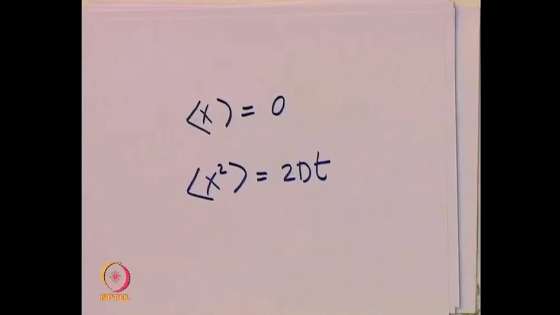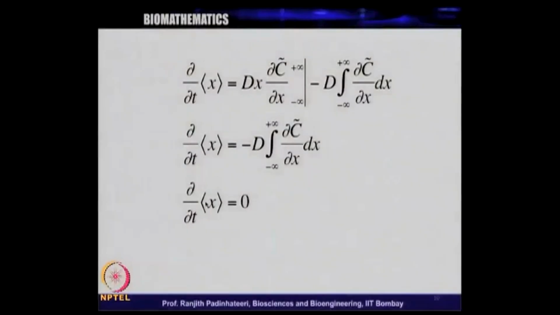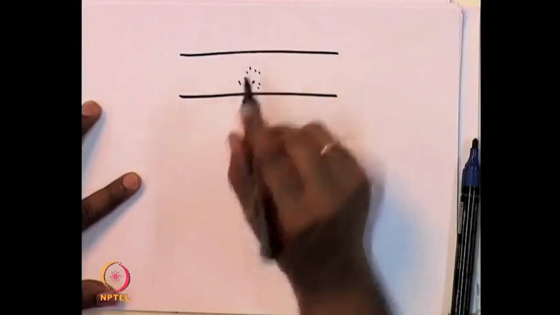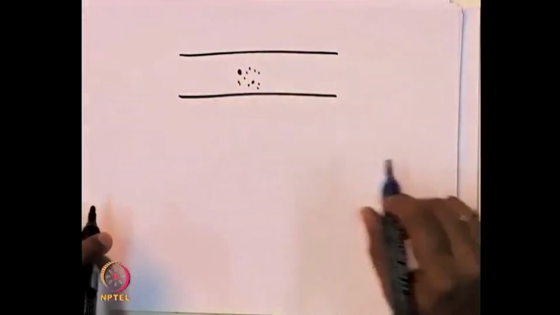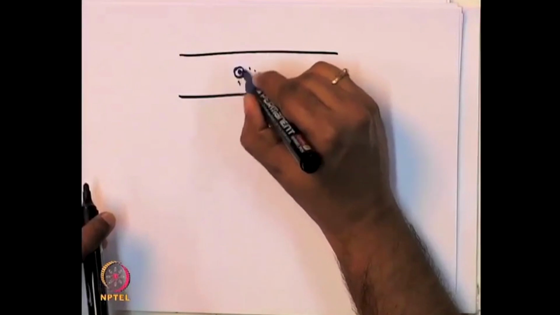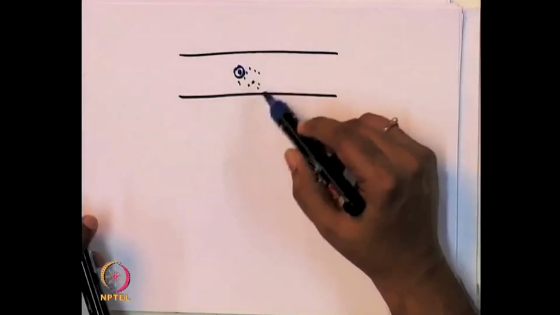So let us think about this diffusing in a pipe example that we thought of. Let us take this pipe, and to begin with you have some particles here, and let's say there is one blue particle here, which I am circling, and all other particles are black.